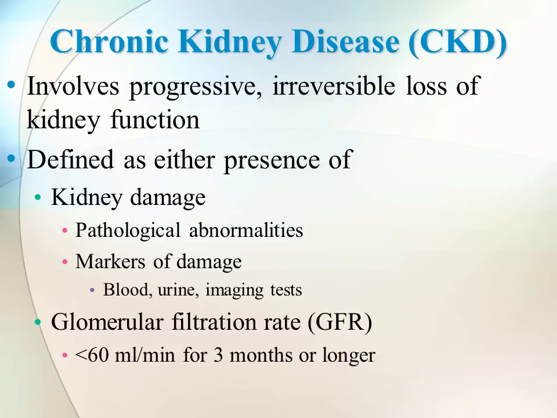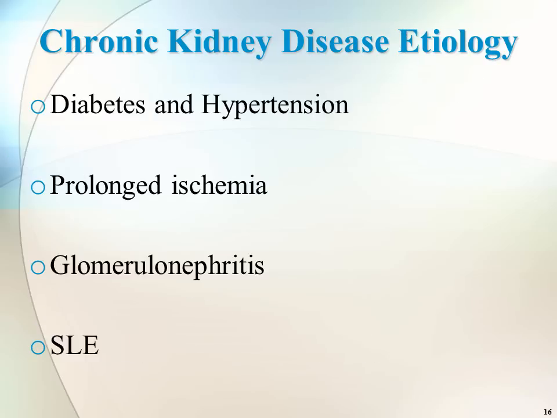Any imaging that might be done to indicate that there is kidney damage, like kidney ultrasound, we're going to talk about those in a little bit. But it's progressive, it's irreversible, and it is defined as GFR less than 60 for 3 consecutive months. Diabetes, hypertension, prolonged ischemia.